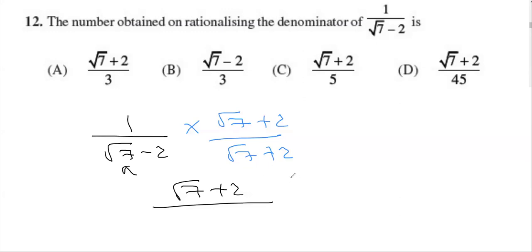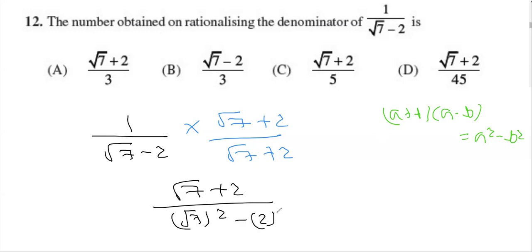Below you can see that it is in the form of a minus b and a plus b. So you should know the identity applied here, that is a plus b into a minus b is equal to a square minus b square. Therefore, I should write this as a square, that is root 7 squared, minus b, which is 2 squared. With further simplification, the numerator should be as it is.